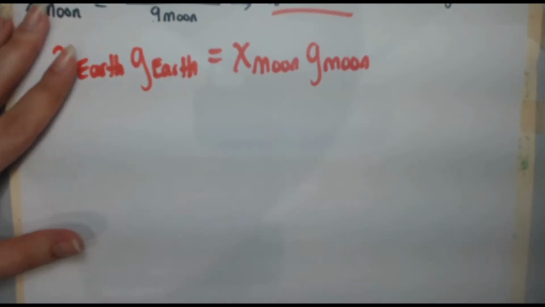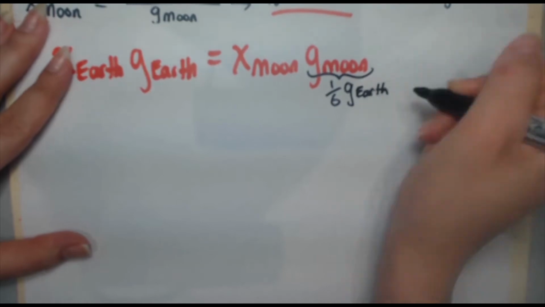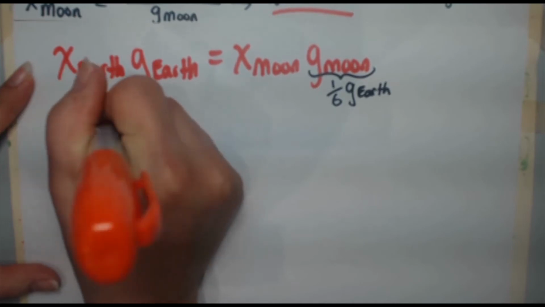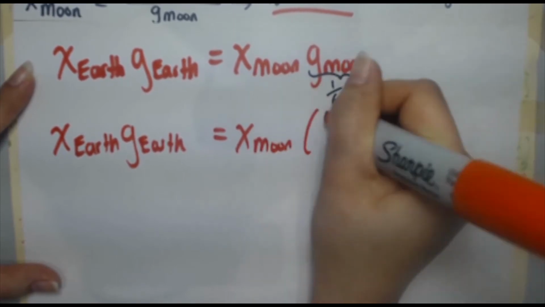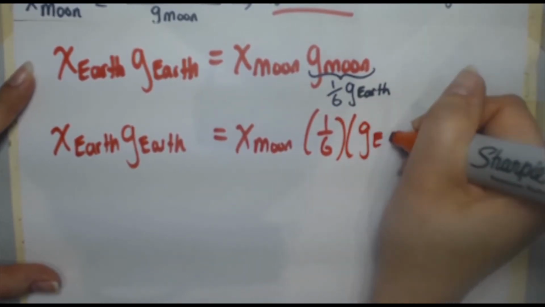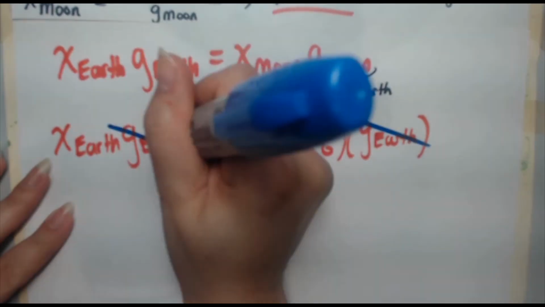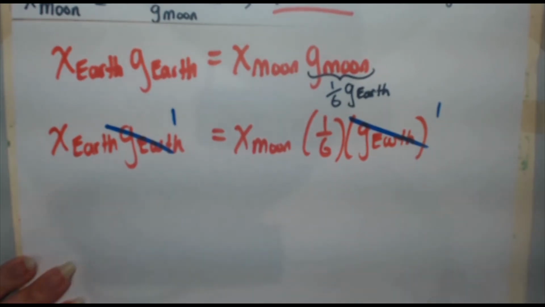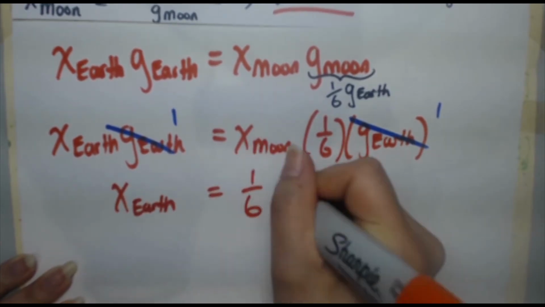This is in fact 1/6 g Earth. So let's plug that in. We'll have x Earth g Earth equals x moon times 1/6 g Earth. Because on both sides of the equal sign you simply have a product of different things, you can cancel out the g Earths on the left and the right, leaving you with x Earth is equal to 1/6 x moon.